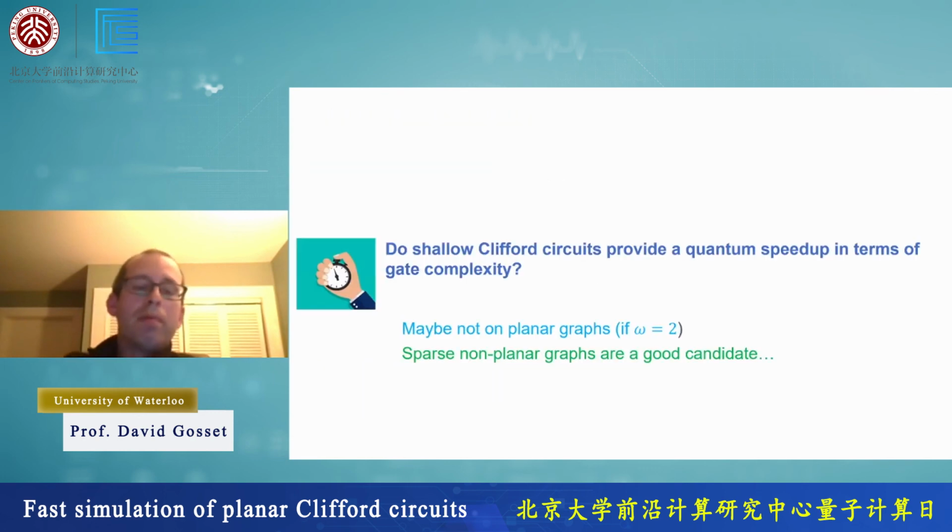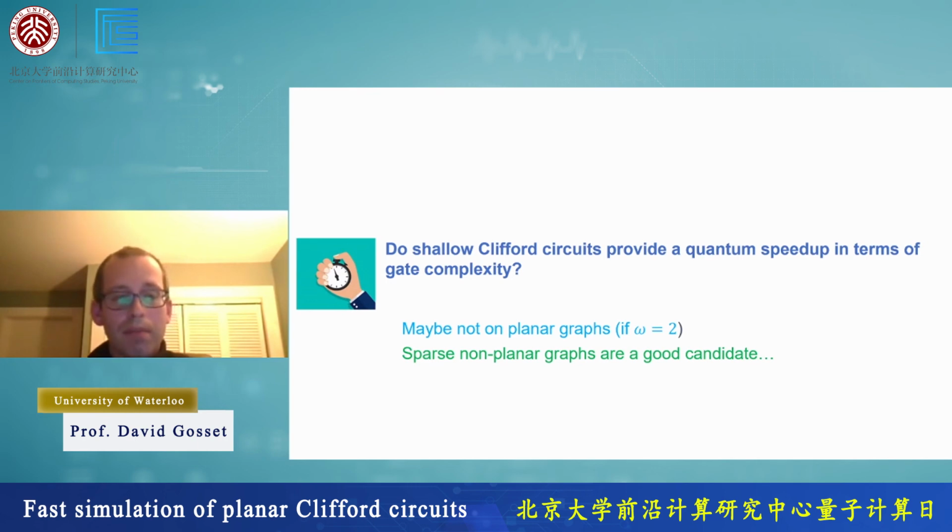And so, remember that we were motivated by this question of, do shallow Clifford circuits provide a quantum speedup in terms of gate complexity, or the total number of operations? And what our results show is that maybe it's possible that that's not true on planar graphs, because if omega is 2, then our algorithm has a roughly linear runtime classically.